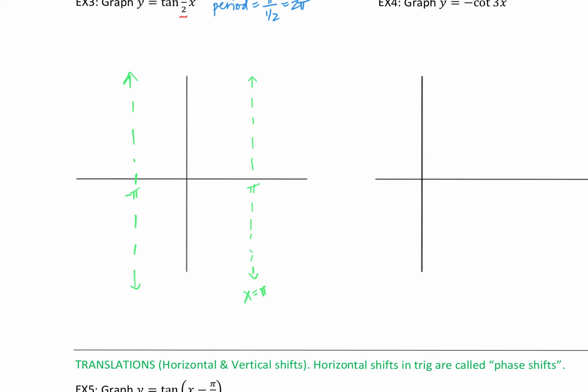So notice the distance from negative pi to pi is a distance of 2 pi.